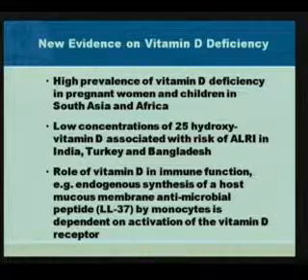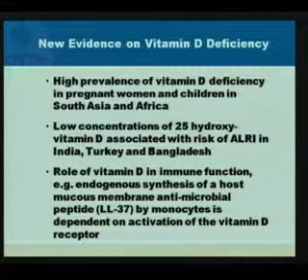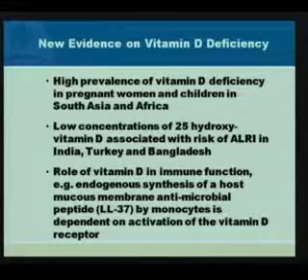For example, there is endogenous synthesis of a peptide, an antimicrobial peptide, that particularly is associated with mucous membranes, and particularly respiratory mucous membranes, by monocytes. And that peptide synthesis is dependent on activation of the vitamin D receptor. So there are clues that we can build on that where we might be able to understand these mechanisms while we're doing further clinical trials or field trials.